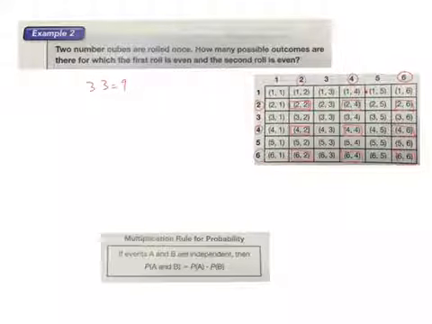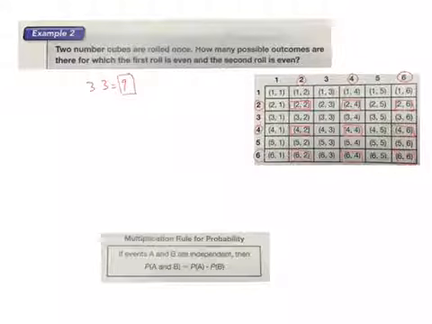If you go through and look at all the rest of these, either the first one is not even, like here, the first one is not even. Here, the second one's not even, right? Here, the second one's not even. Or they're both not even, like here. So the answer is indeed 9.